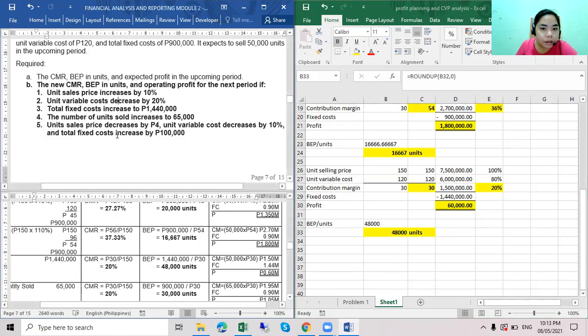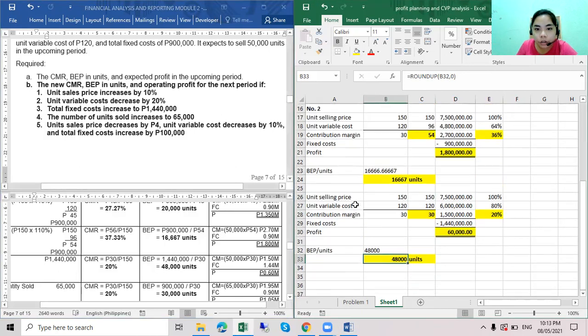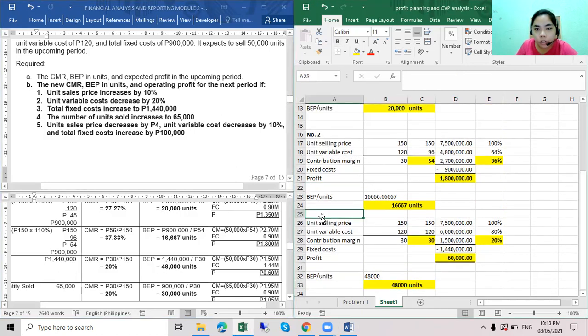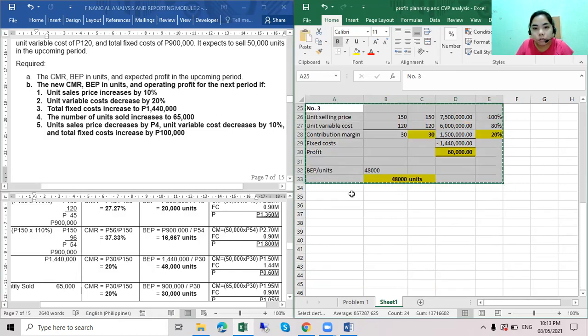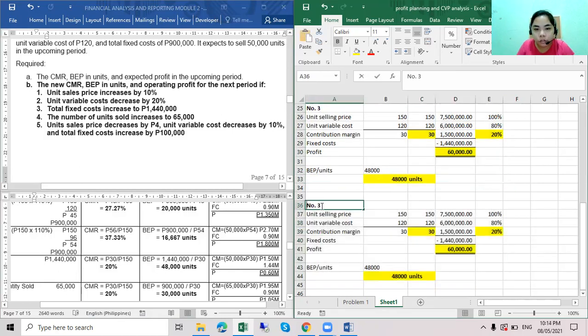Number 4 is the number of units sold increases to 65,000.